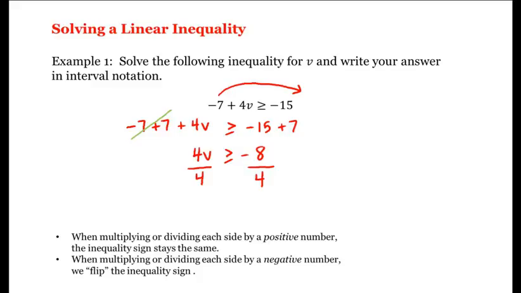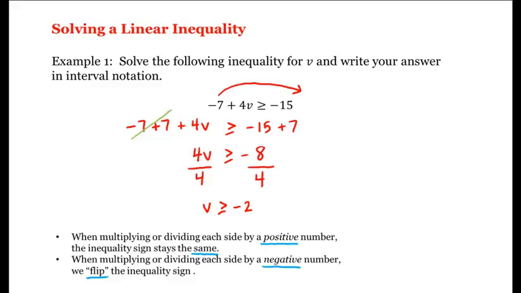In general, when we multiply or divide both sides of an inequality by a positive number, the inequality stays the same, like in this case. However, when we multiply or divide by a negative number, we flip the inequality sign. So we don't have to flip our inequality here, so we have v greater than or equal to -2.